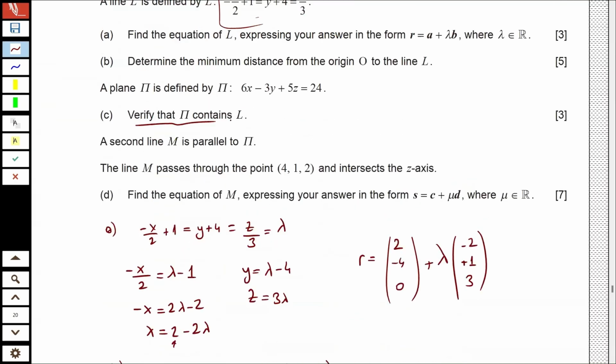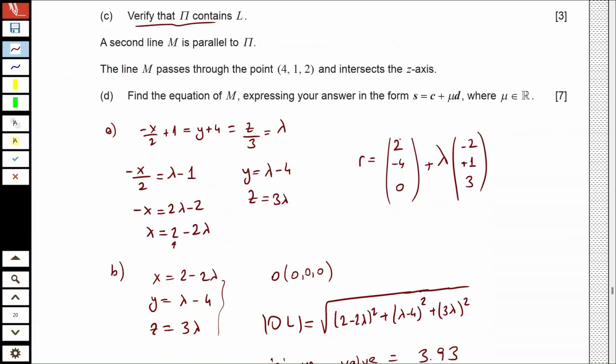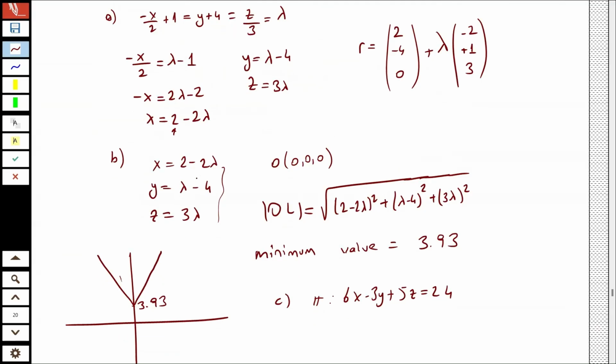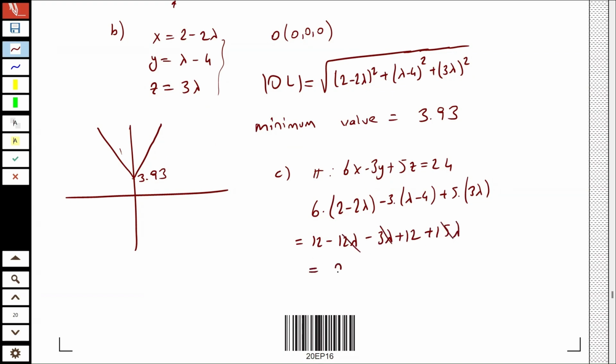And we also have the equation of L here. We're going to substitute 2 minus 2 lambda into x, lambda minus 4 into y, and 3 lambda into z, which is 12 minus 12 lambda minus 3 lambda plus 12 plus 15 lambda. So the lambda cancels and it equals 24.